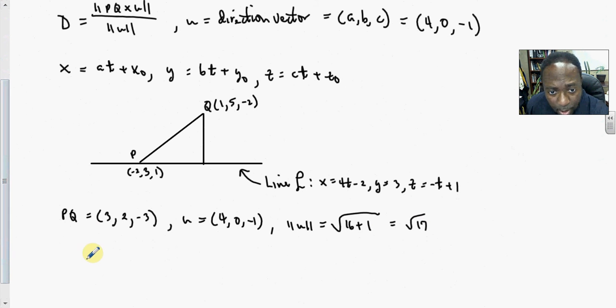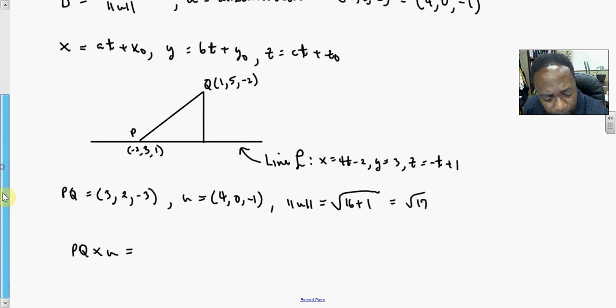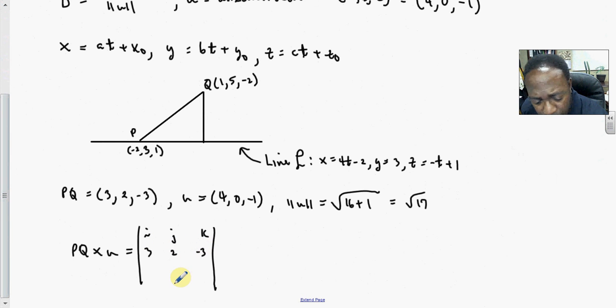Now we need the cross product of PQ with U. We had that formula from the last section, so this is the determinant of i, j, and k. These two bar lines denote determinant, so PQ is 3, 2, -3, and U is 4, 0, -1.